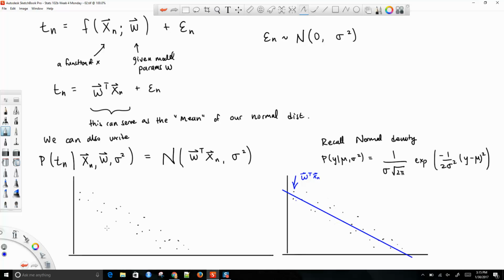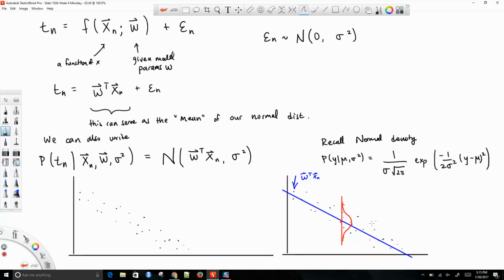And then at any given spot here, we can say there is a normal model centered right here, and the values that we might observe are distributed with this mean.